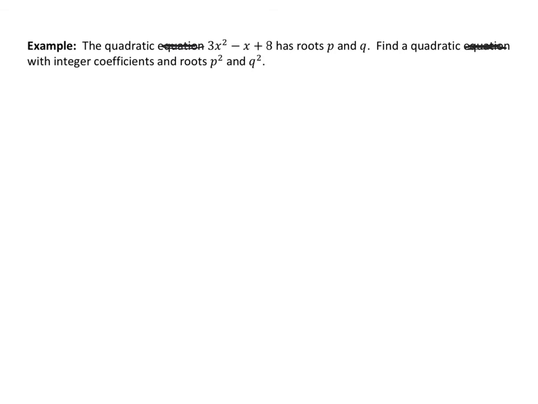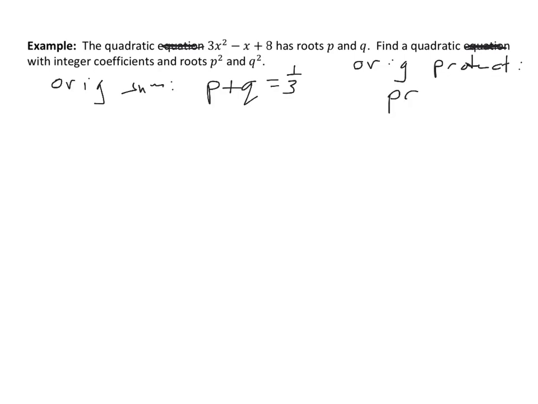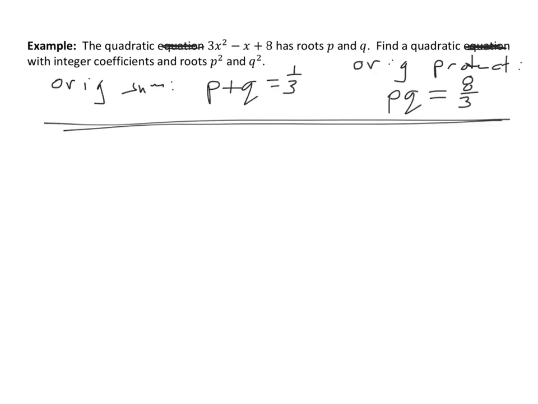So let's see here. If I look at my original sum, p plus q should be equal to positive 1/3. And my original product, p times q, should be equal to 8/3. So I have these relationships for p and q. This is my given information.